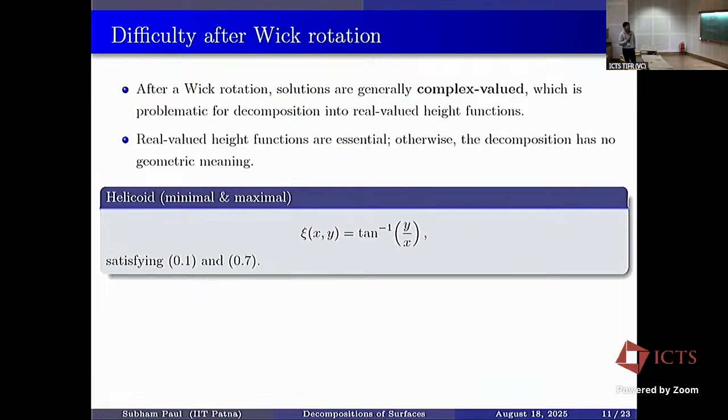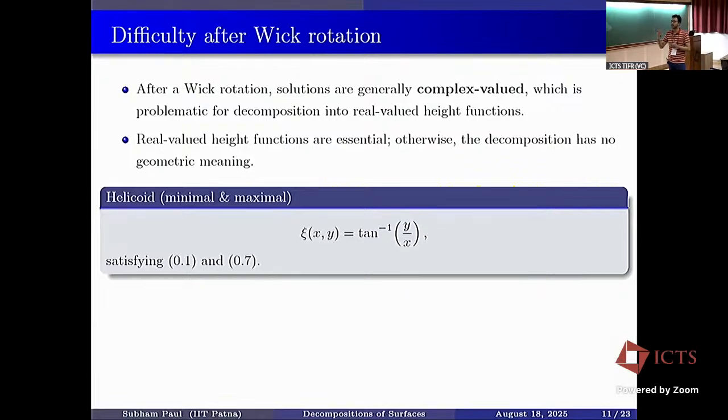Is there a way to visualize this? For your Scherk surface, you have your doubly periodic surface, and then you have all these helicoids that are clearly not doubly periodic, but somehow when you add them, you get all these. Experimentally you can see these things, but there was no theoretical expression.